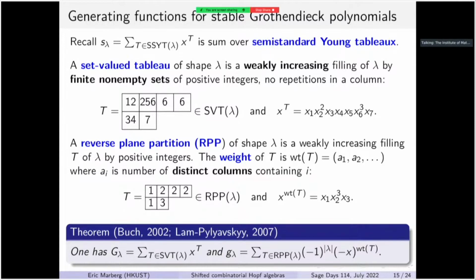The way these are defined is we have a bilinear form on symmetric functions, which makes the Schur functions orthonormal, and this is defined to be the basis that is dual to these G lambdas. So the bilinear form of G lambda and lowercase g mu is delta lambda mu. So you can make that definition, and that's going to define these lowercase g's. And then it turns out to have this explicit generating function in terms of reverse plane partitions.